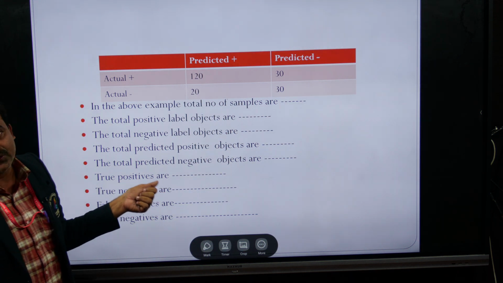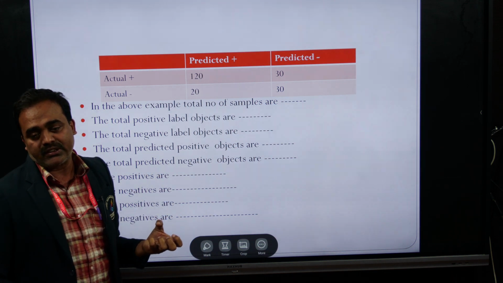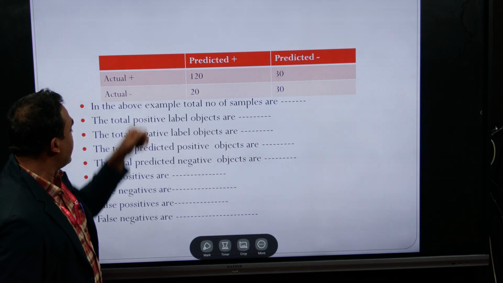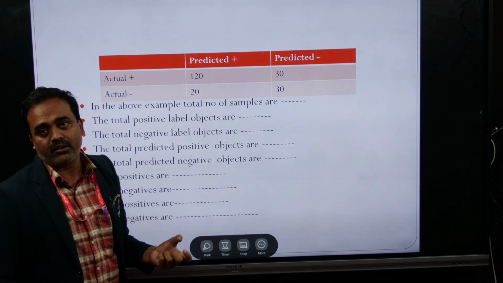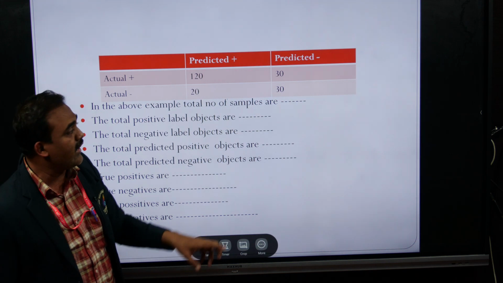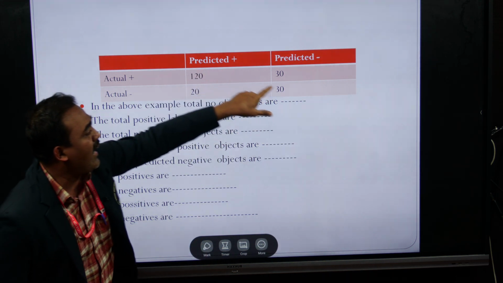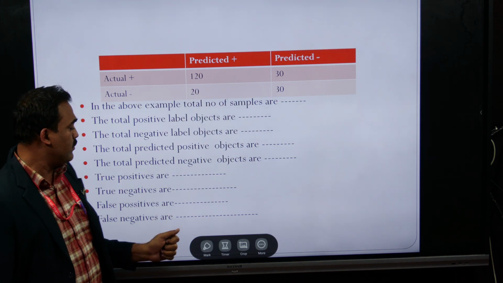Now true positives. True positive means the objects are actually positive and predicted as positive. The number is 120. True negatives are the objects which are actually negative and the prediction is also negative. That number is 30. So in general, the diagonal elements are the true positives and true negatives.